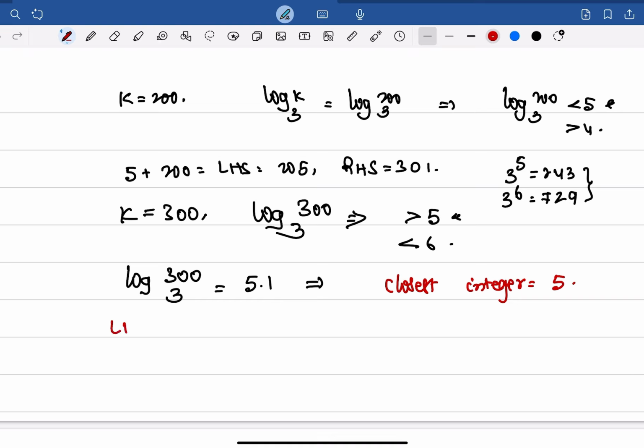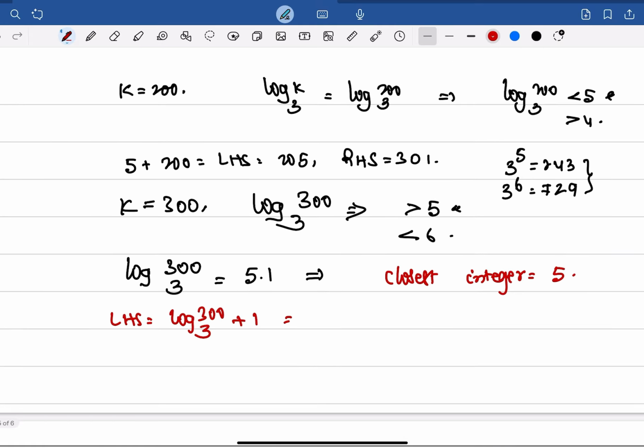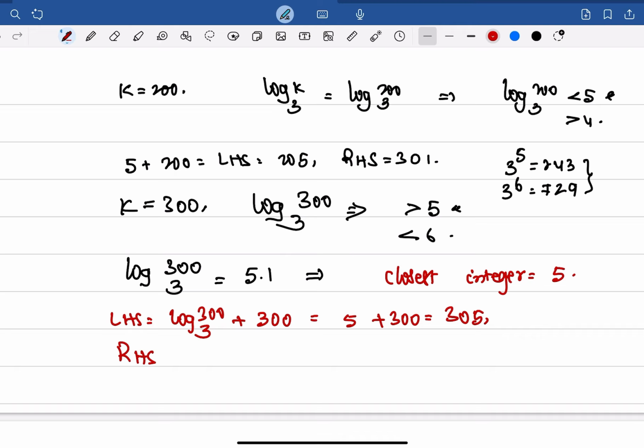Left hand side is equal to log 300 to the base 3 plus 1, that is, k is equal to 300. This is 5 plus 300, that is equal to 305, or it can be 305.1.